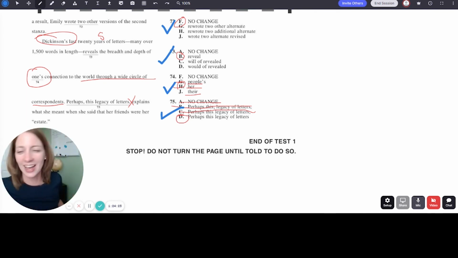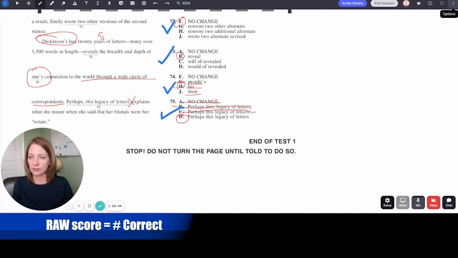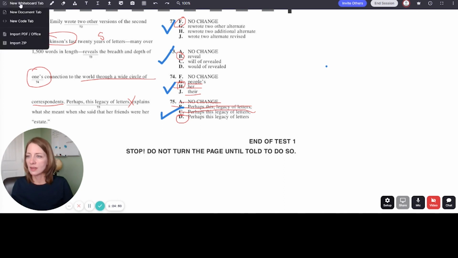Okay, so let's see how your English teacher did. Okie dokie. Okay. So let me share this chart. You take your raw score, your number correct, and then, oh, sorry.